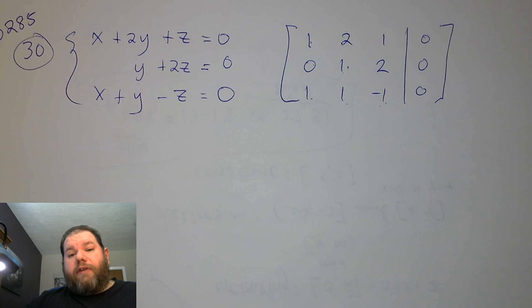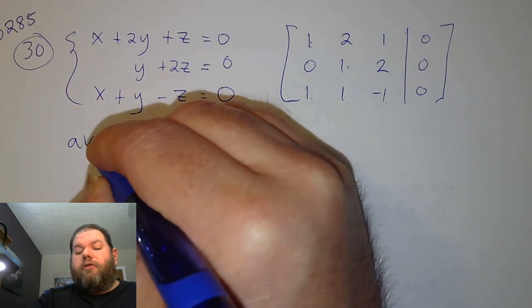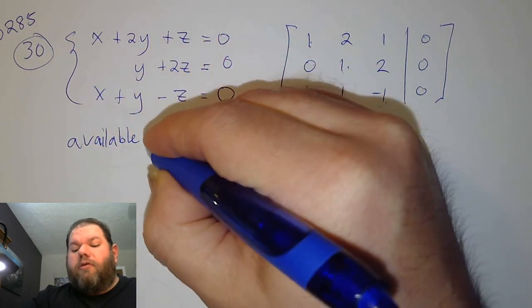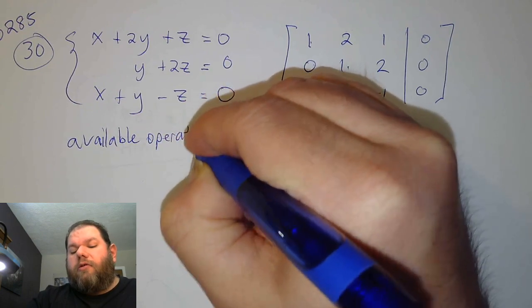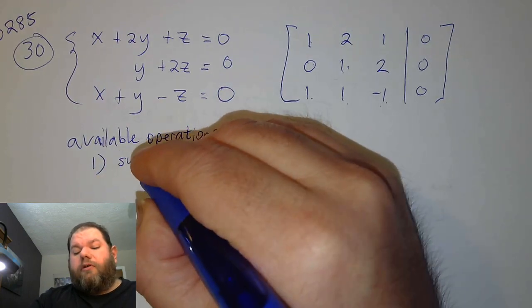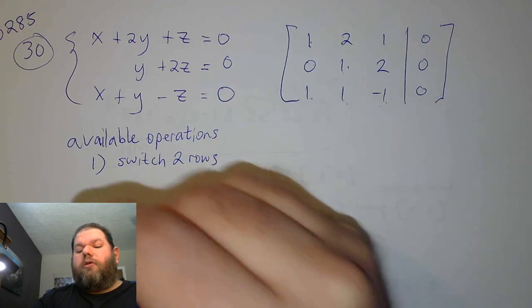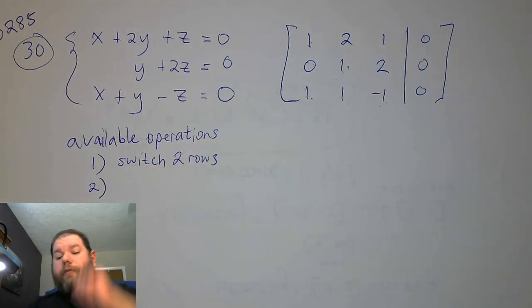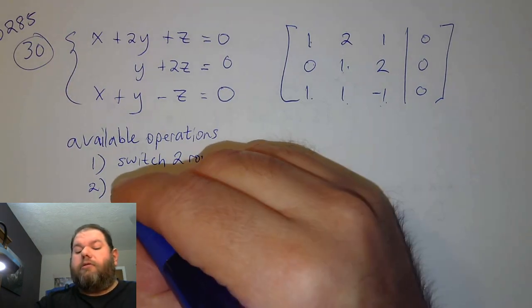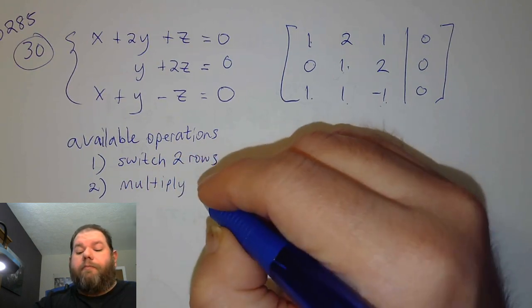Now the operations that we have available to us: one, we can switch 2 rows. Two, we can multiply a row by a number, and when we say multiply, it actually includes dividing.